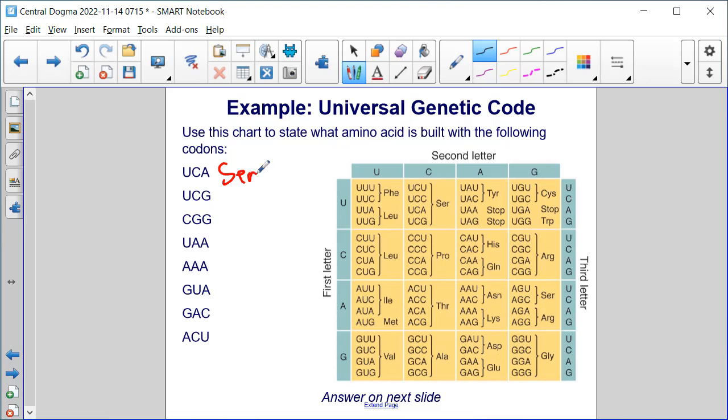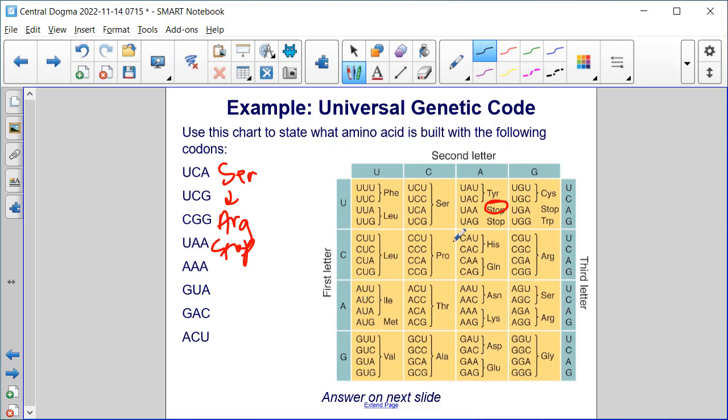If you went back a couple of slides, you can see the full length name for these abbreviations. UCG, also serine. CGG, ARG, arginine. UAA is a stop codon.